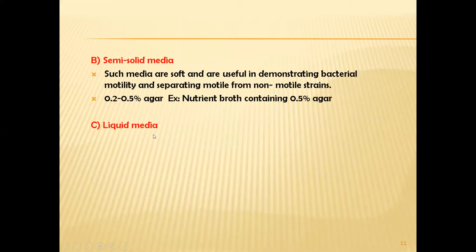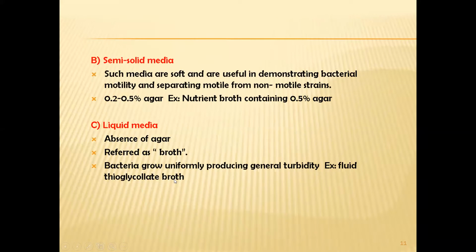Then third is the liquid media. There is no agar present here, and it is referred to as nutrient broth. Bacteria grow uniformly producing turbidity. An example is the fluid thioglycolate broth.